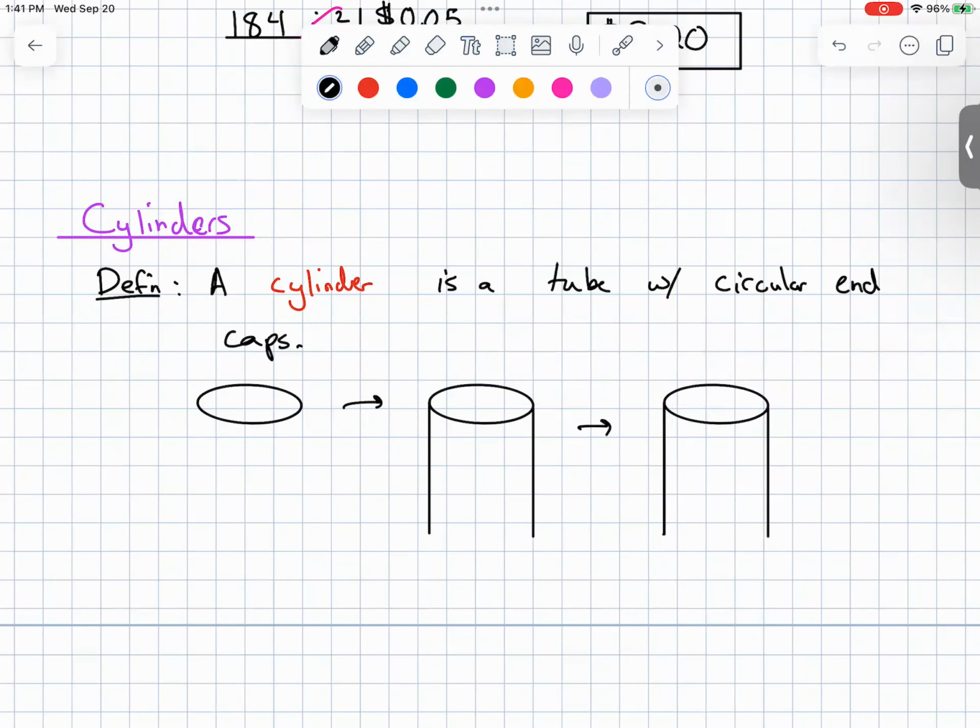Then you just make a rounded bottom, and add a little bit of depth. You have a little line stemming out from the center. That's the radius, which we denote R. You could also have the diameter, but I think the radius is sufficient. And then you have the height of the cylinder, H.